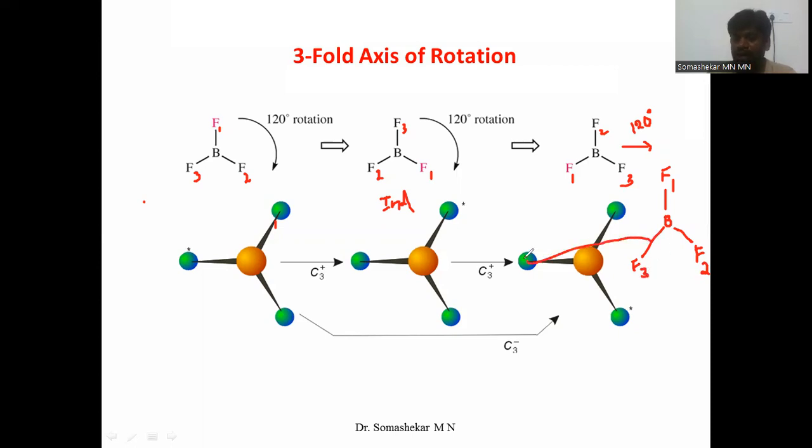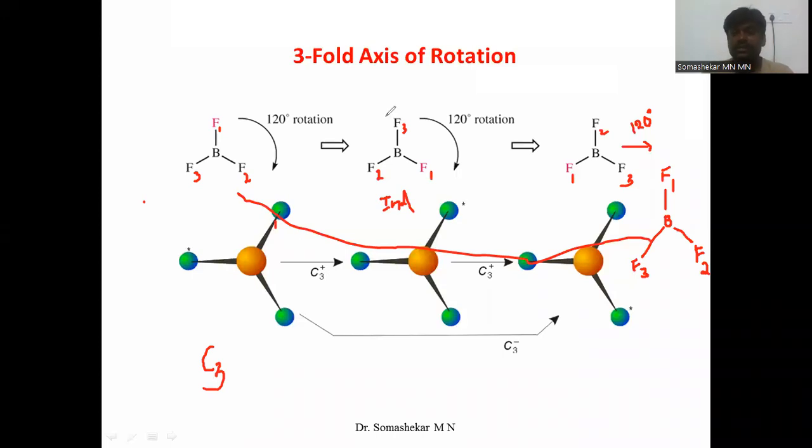You compare this molecule and this molecule. Both are the same, an identical molecule. So that's why in the BF3 molecule, we have a C3 element, a rotational element. C3 is there in the BF3 molecule.